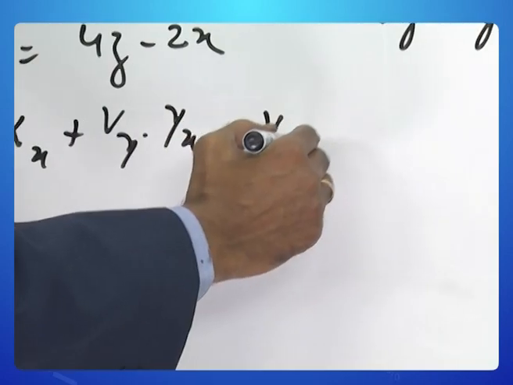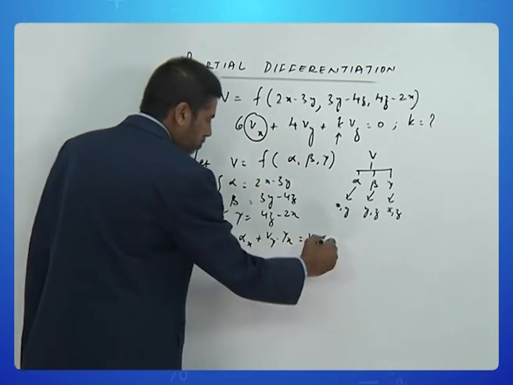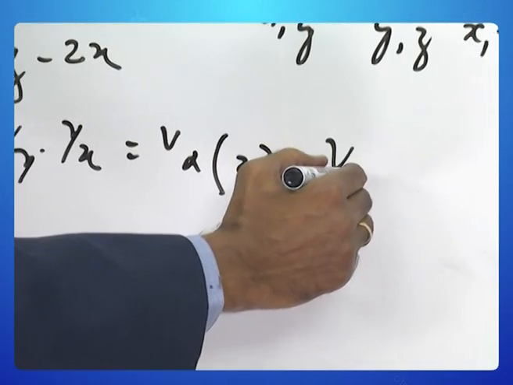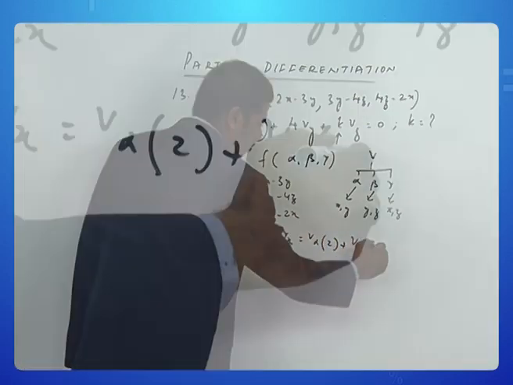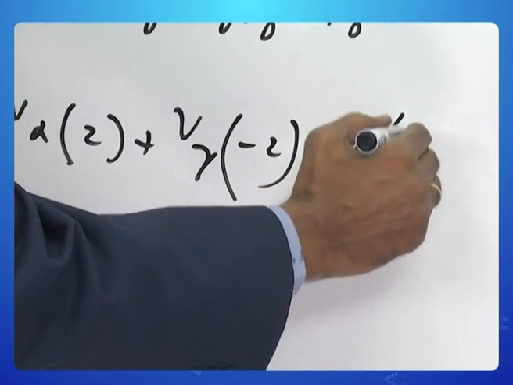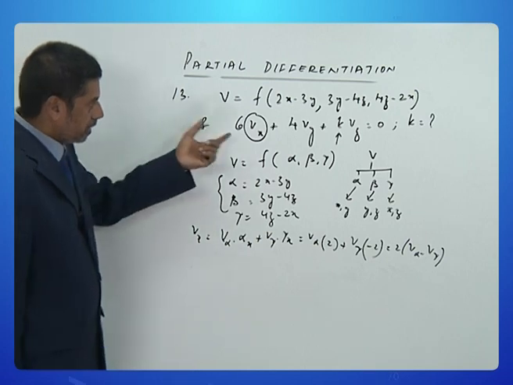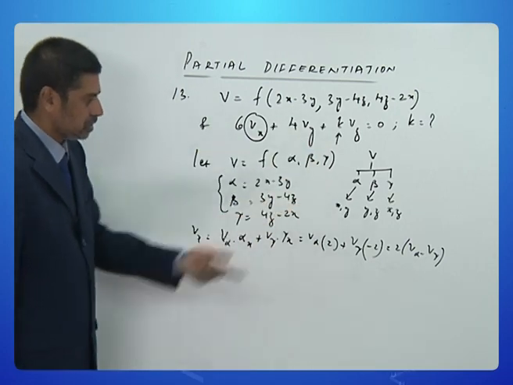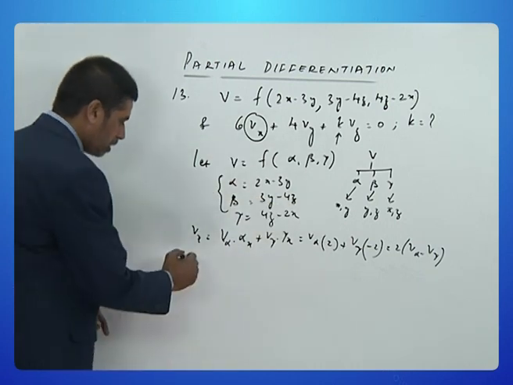This is nothing but V alpha into alpha with respect to x, which is 2, gamma with respect to x is minus 2. So, this is nothing but 2 times V alpha minus V gamma. When we actually enter this equation, we will just use that for Vx.